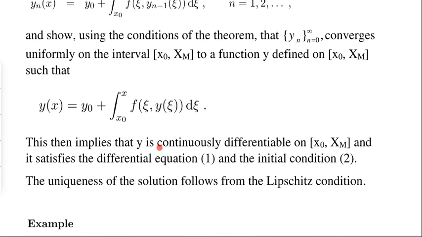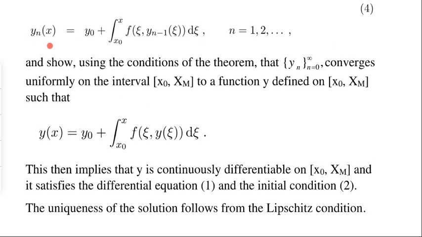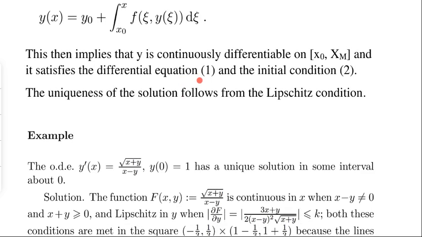We mentioned that in the proof of Picard's theorem, we will prove that the elements of the sequence generated by this recursive relation will converge to this function, and this will be our unique solution of problem 1 and 2.